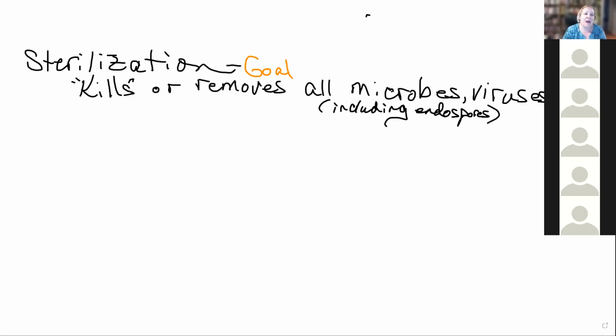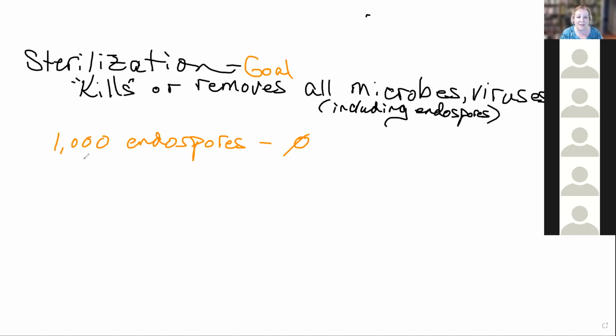Now the problem is you cannot prove a negative. You can't prove that something is sterile. Here's an example. Let's say that I take 1,000, say, endospores, and I put them through a sterilization process and I get nothing out. Well, that sounds good. That looks like I've sterilized things.